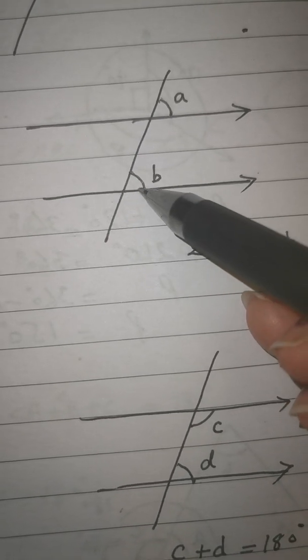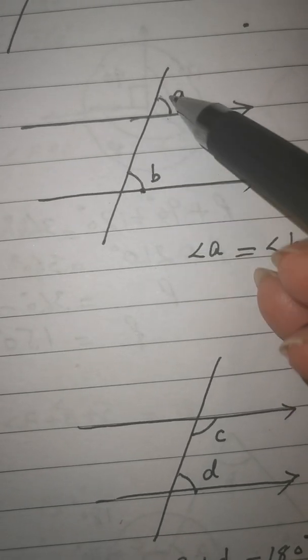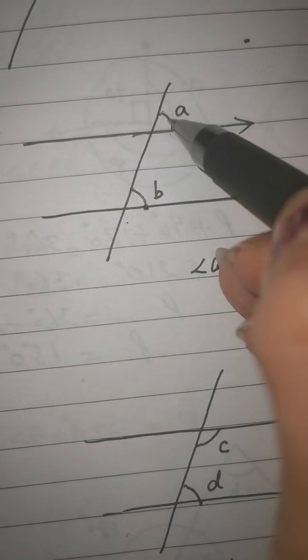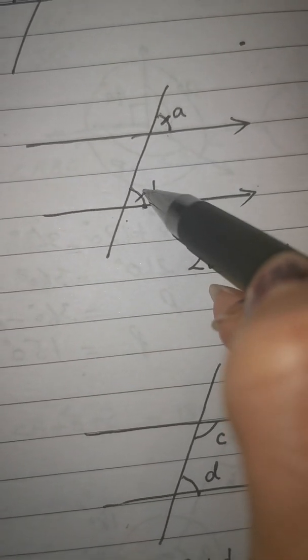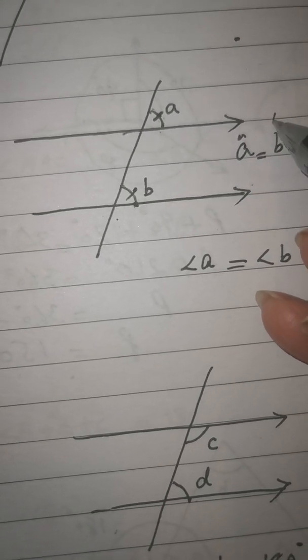This parallel line has this position, and when we consider the other parallel line, the same position. So these angles are called corresponding angles, right? Now A and B, I will show it like that. Angle A is equal to angle B.